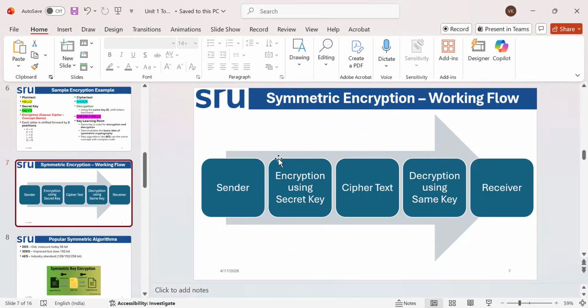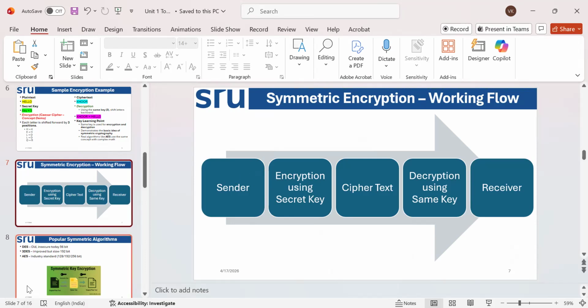Symmetric encryption working flow. How does it work? Simply we can see here. The sender encrypts using the secret key to produce ciphertext, then decryption using the same key happens when it goes to the receiver, and the receiver decrypts it. The receiver can read it because the decrypted message comes out as the original.